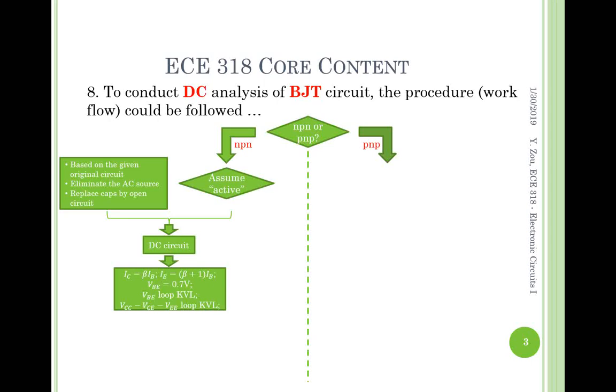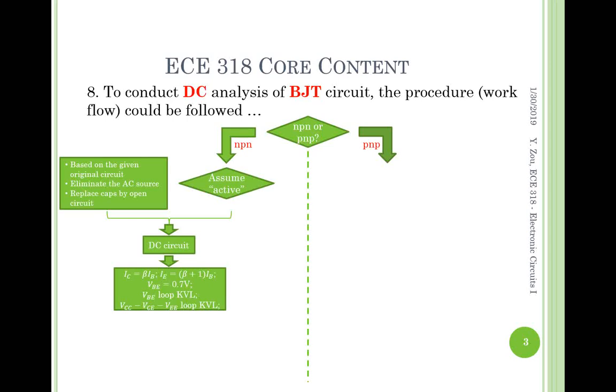Plus we have two KVLs. Like the MOSFET circuit case, one KVL is out of the VBE loop, the loop containing the voltage between B and E. Another KVL is from the top VCC supply to the bottom VE supply, going through the voltage VCE.